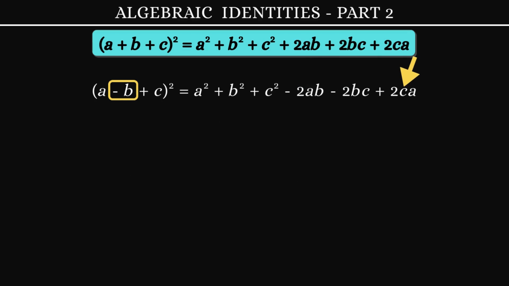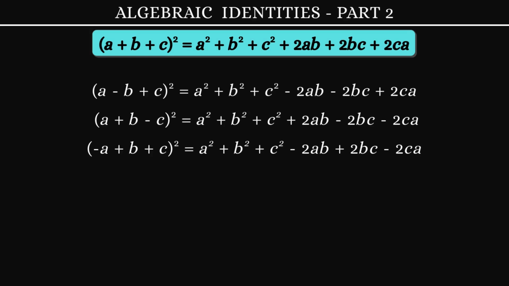So, to summarize, the square terms will always remain positive, and depending on which variable is negative, the corresponding terms will also be negative. We can write similar identities for a plus b minus c the whole squared, and minus a plus b plus c the whole squared.